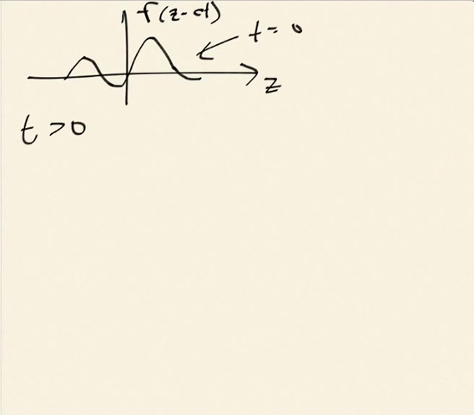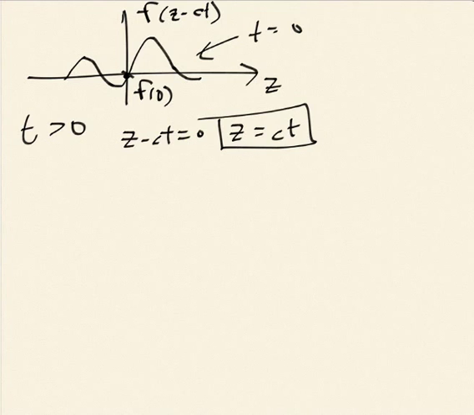So if I look at t greater than 0, the point that used to be f of 0, here is where f is equal to 0. That point f of 0 will now move to where the argument is 0. For t equal to 0, that's going to be at z equal to 0. For t greater than 0, if I want z minus ct to be equal to 0, you see that z is actually going to be positive.